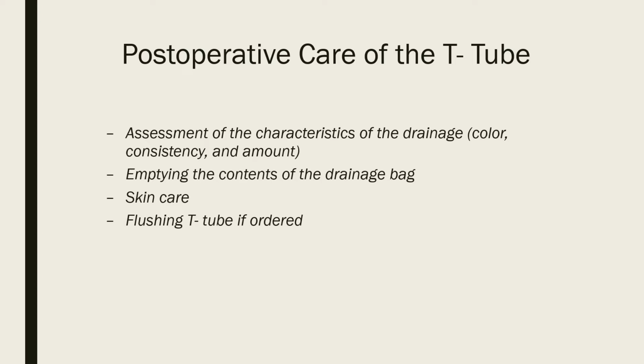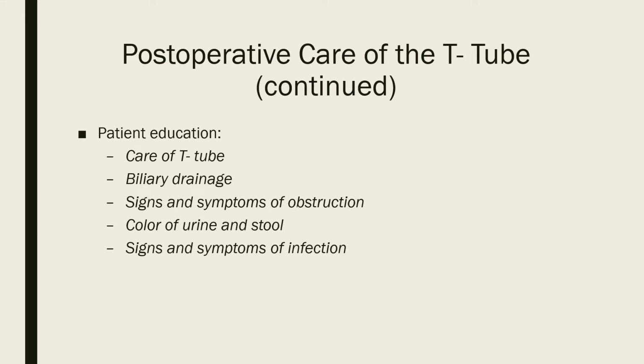So you will need to give them all of this patient education. Now, that is not to say that if they do go home with this T-tube, that a home care nurse may not be visiting the home, but the family also needs patient education. So patient education will include care of the T-tube, assessing the biliary drainage, assessing for signs and symptoms of an obstruction.